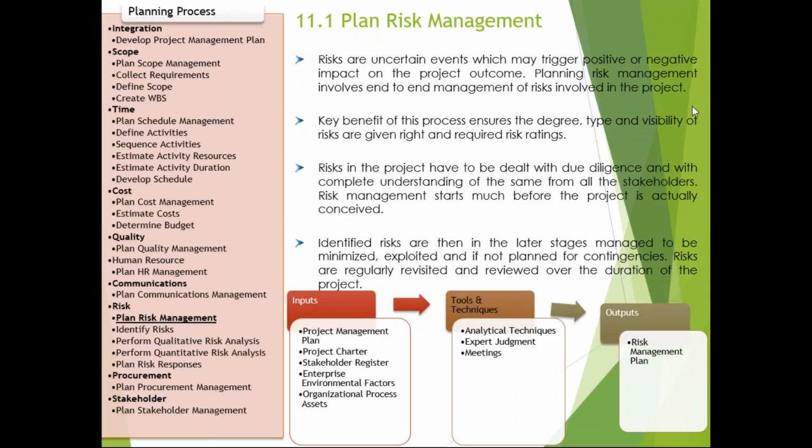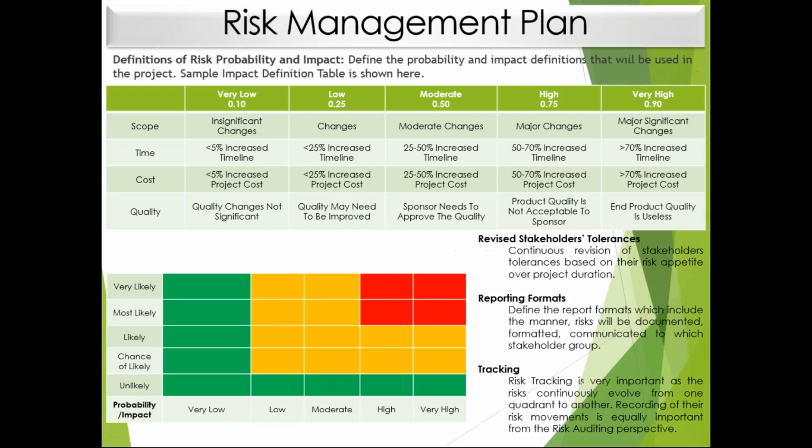Risk categorization you can also do. Risk categorization is whether it is falling under cost, scope, where exactly your risk is getting impacted. The risk management plan generally contains the details of the categories, so that later on it becomes easy to find out which risk is categorized as low, medium, high, and what would need to be done whenever these risks are categorized.